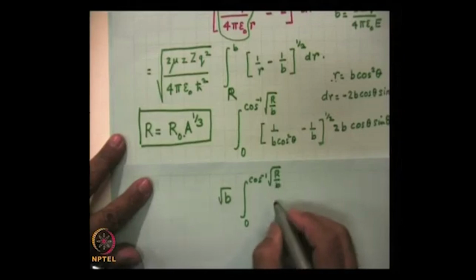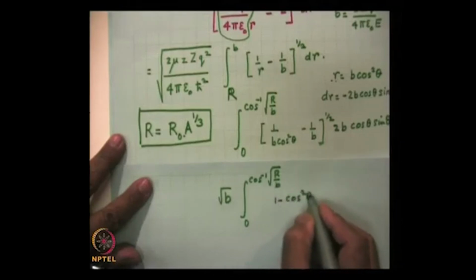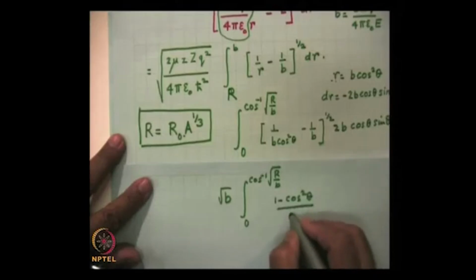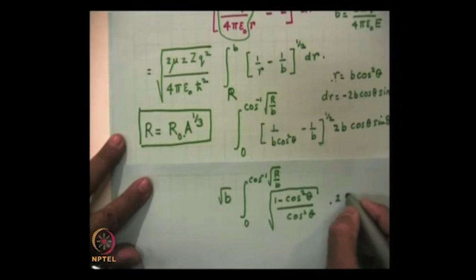So, b I have taken outside. So, 1 minus cos square theta divided by cos square theta raised to the power of half, times 2 cos theta sin theta d theta.